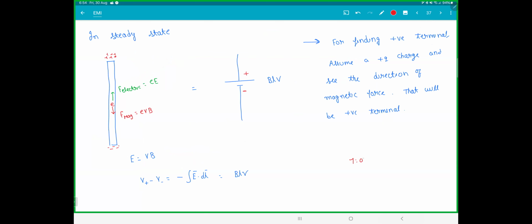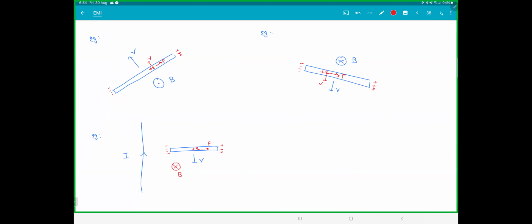Come back with 7.5. Any doubts so far? Can you say the next page? Mm-hmm. Chalo, come back in 10 minutes.